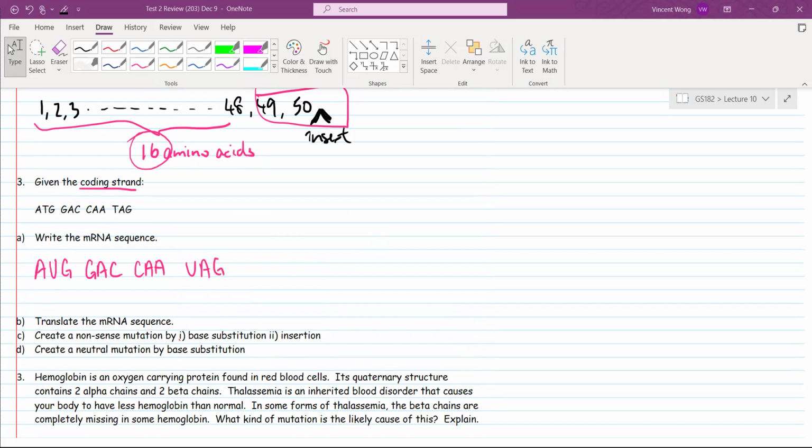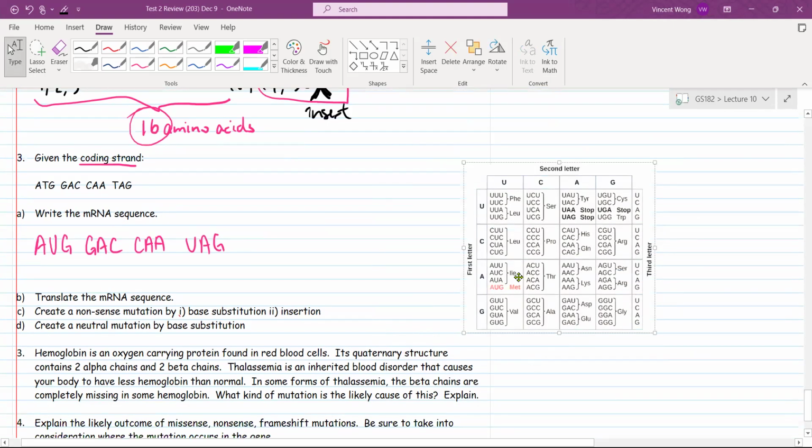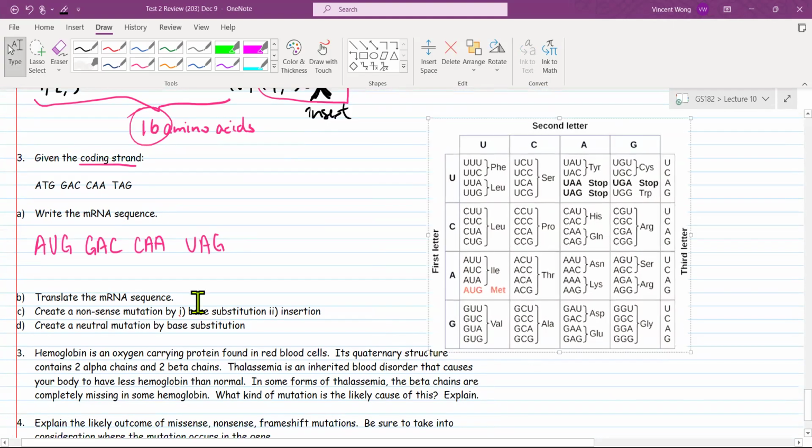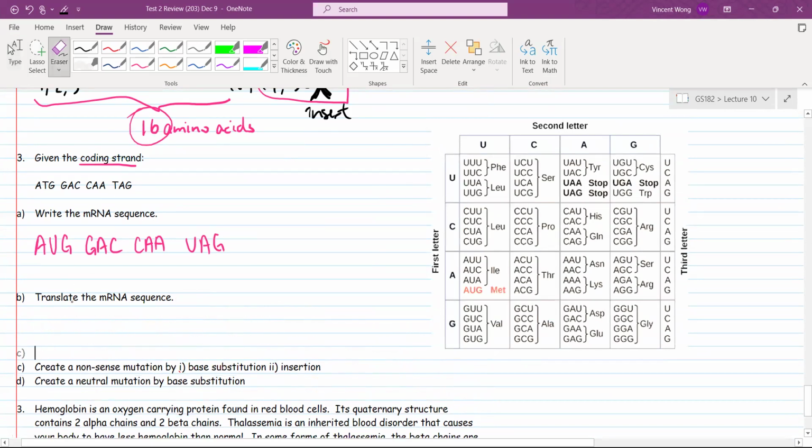Translate the mRNA sequence, which means you are going to need your codon chart. Of course, it's going to be given to you on the test. So right here, AUG is MET.